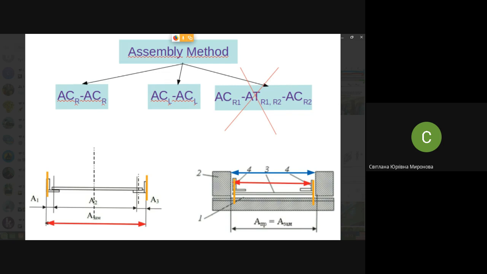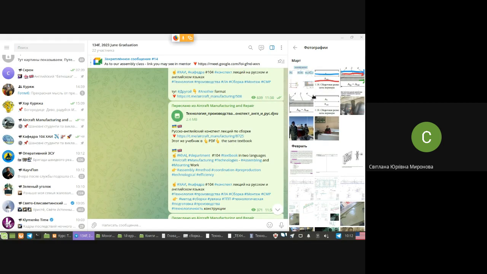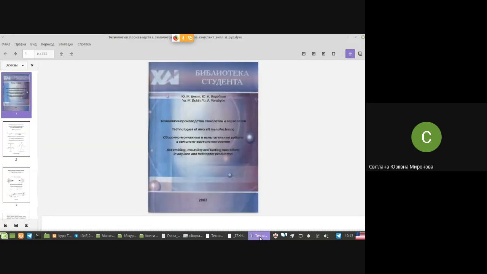And it also has another, old-fashioned name that you may meet even in our books. It's called locating by visual basis. So this jigless assembling, the popular name now in Western countries, is called jigless assembling. It may also be called locating by visual basis.